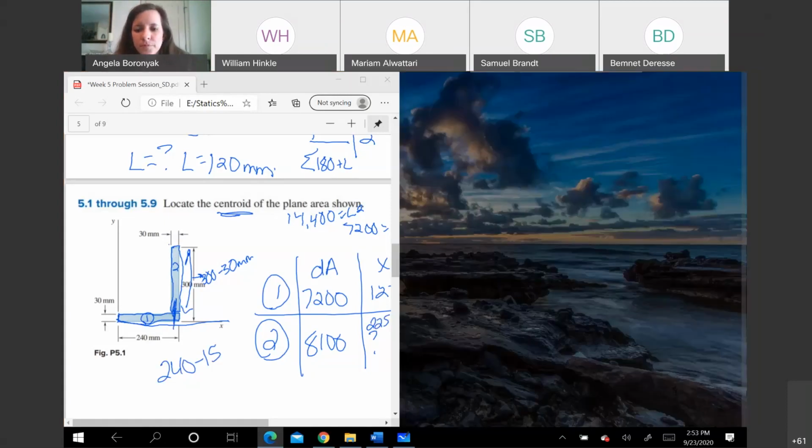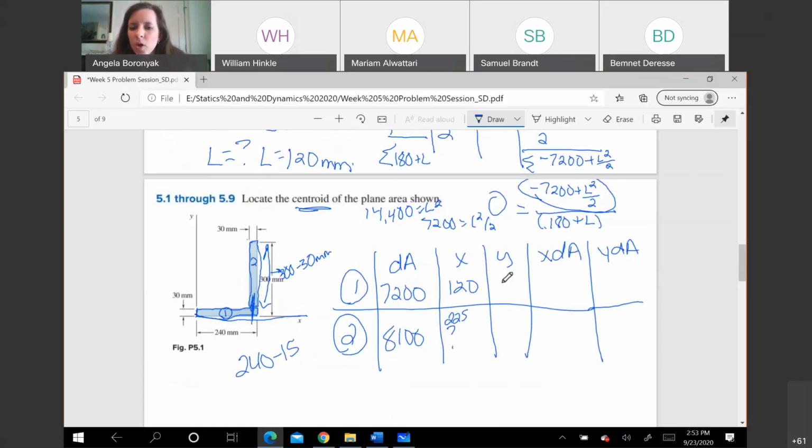Okay, what about y bar for part 1? Good, 15. That's my y value. Y bar for part 2?